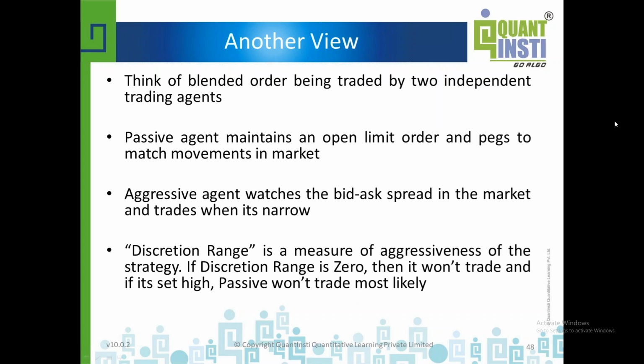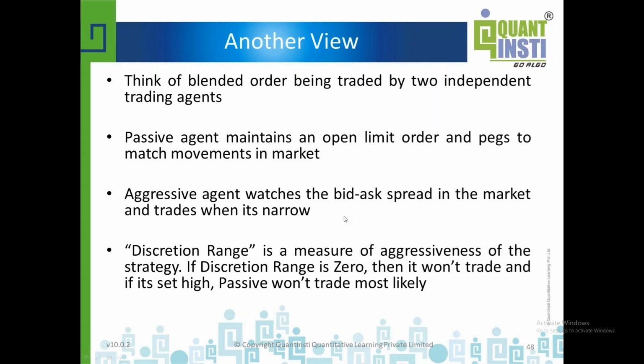Is this clear, guys? Is the advantage of blending pegging and discretion orders clear? Yeah. So what should I explain again? Tell me, what part did you not understand? The view, or how to blend, or what?